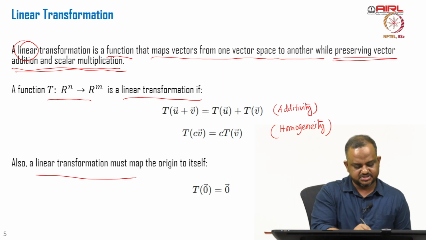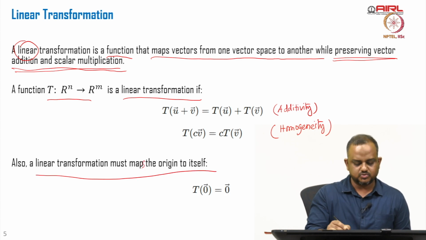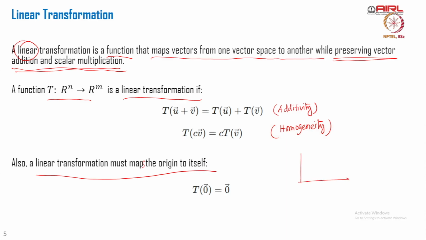A linear transformation maps the origin to itself. The origin can be represented by a 0 vector, so any linear transformation of that 0 vector should result in the same origin. The origin should not shift.